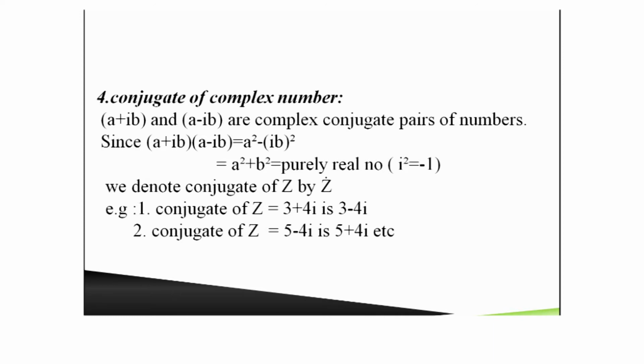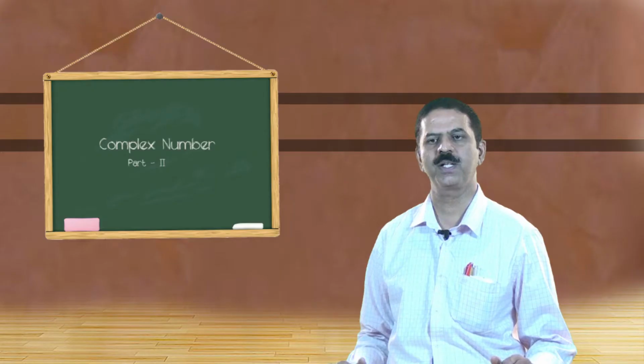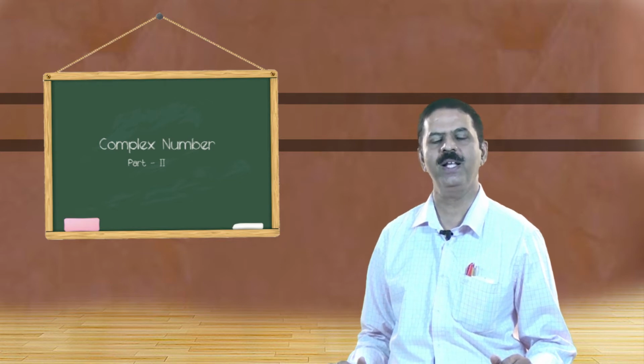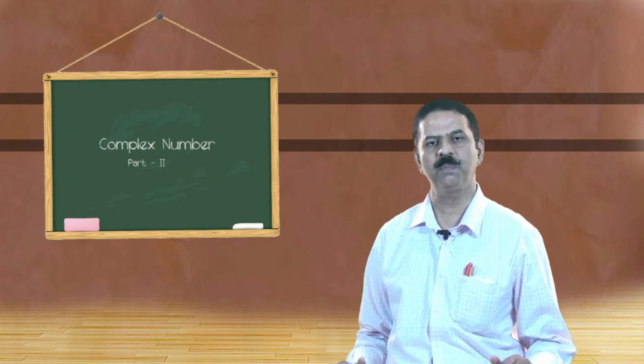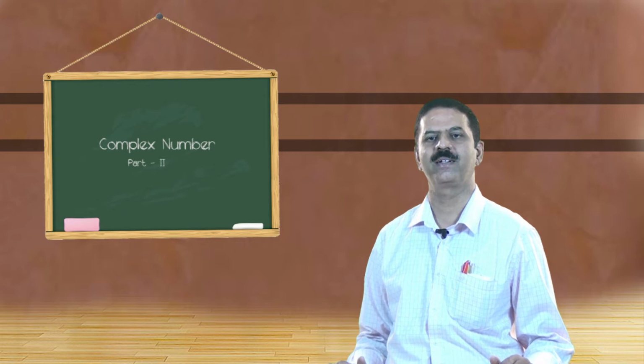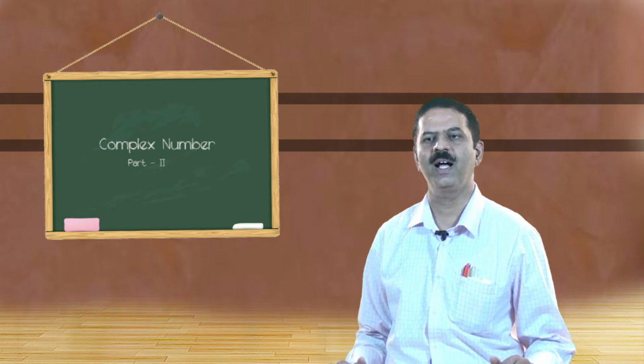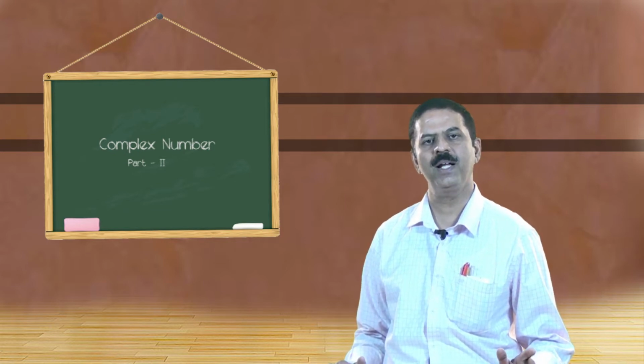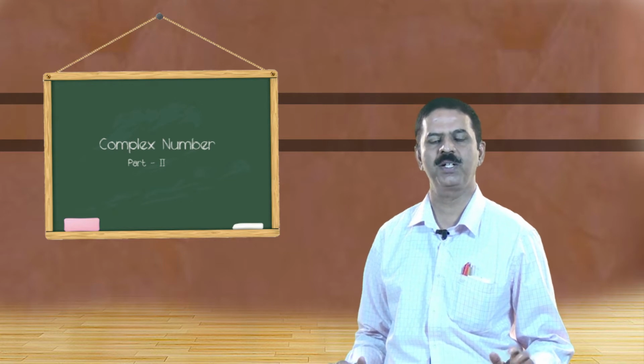Next, now we are in a position to define division of complex numbers. When two complex numbers are divided, we multiply the numerator and denominator by the conjugate of the denominator, multiplying term by term.